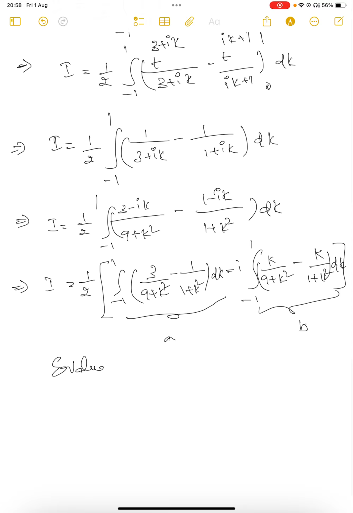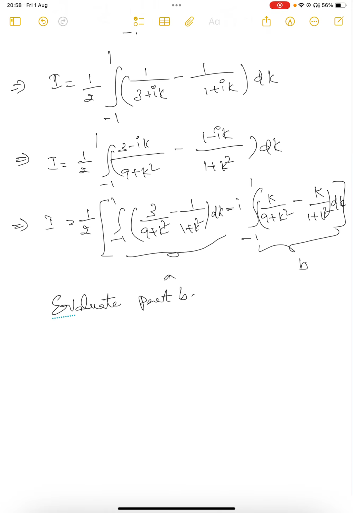So first evaluate part B, the imaginary part of I. That is the integral from minus 1 to 1 of k by 9 plus k squared minus k by 1 plus k squared dk.